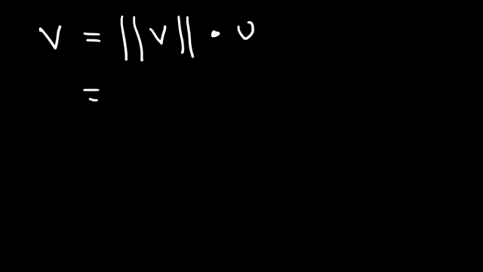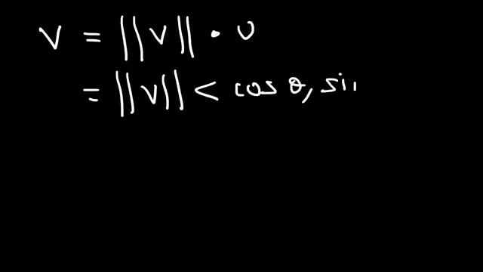Now earlier we said that we can represent any vector as being the product of its magnitude times the unit vector. And so the unit vector is basically just cosine and sine.